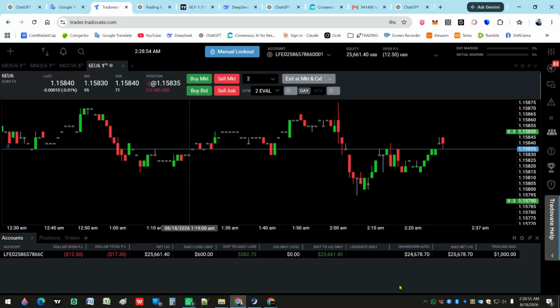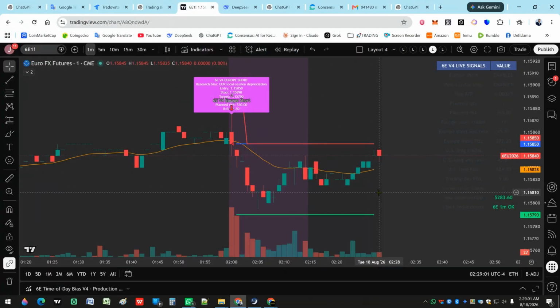Let me check the volume of that candle, just out of curiosity. Extremely close to stop loss. That is technically, yeah, stop filled. There we go.